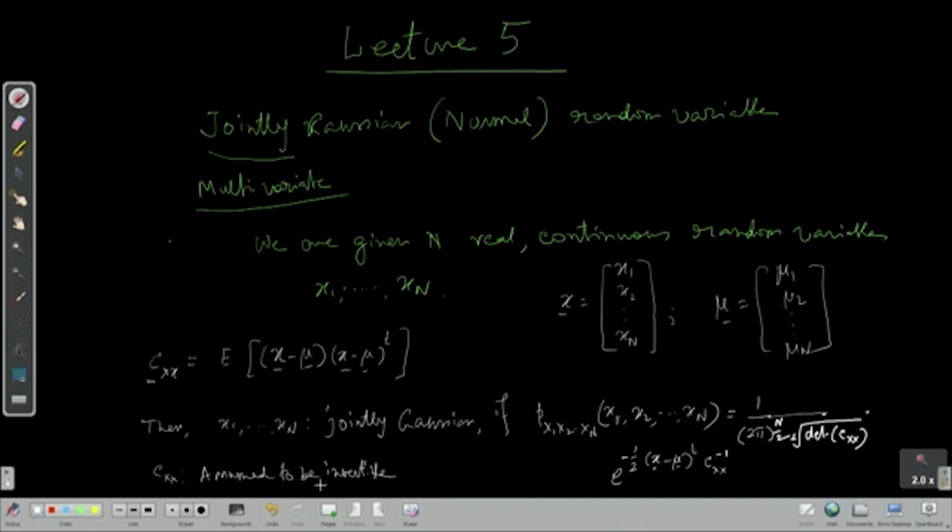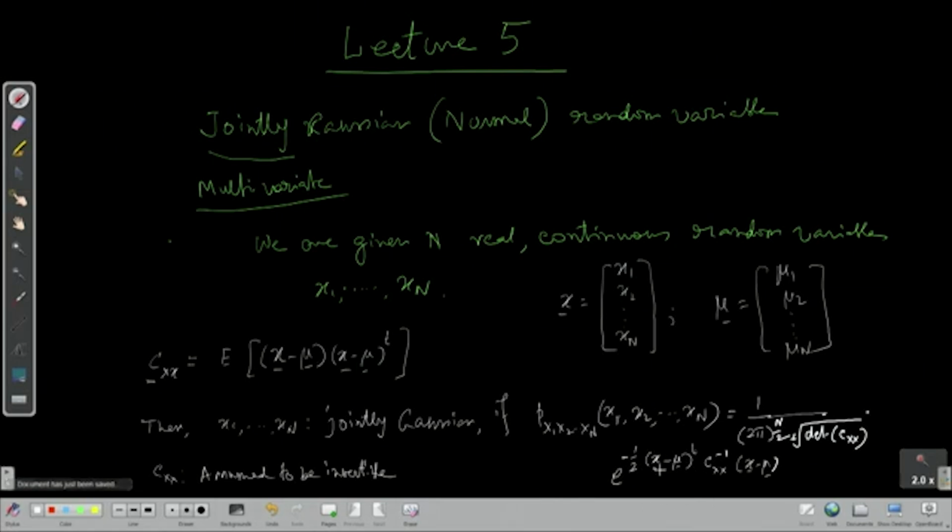That is, Cxx inverse exists. So Cxx was a matrix, its inverse is a matrix, then again the same vector, x minus mu. Now this is a column vector, and a matrix times a column vector is a column vector. So this is a column vector, this is a row vector. So row into column is a scalar. So e to the power minus half into some scalar.